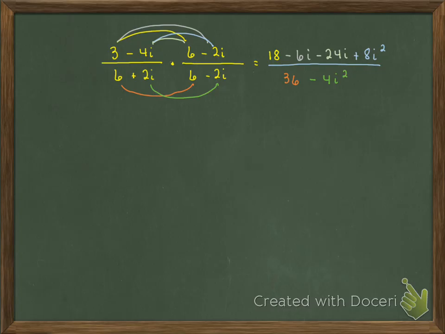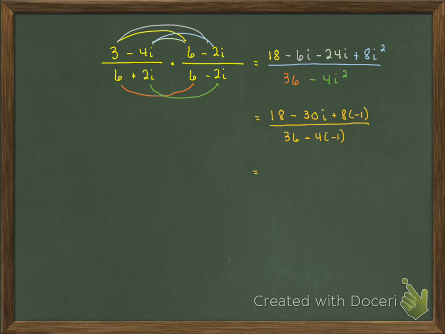Okay, so let's go back to the numerator, and then we'll combine like terms. We would get 18 minus 30i plus 8 times -1 all over 36 minus 4 times -1.